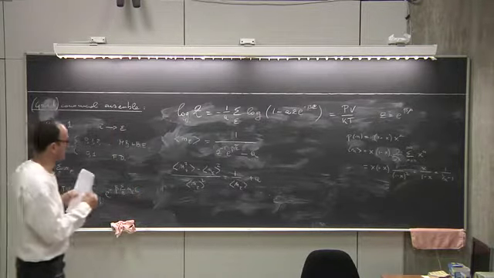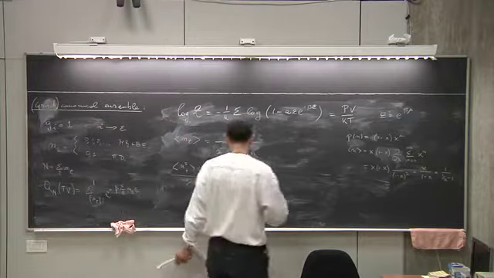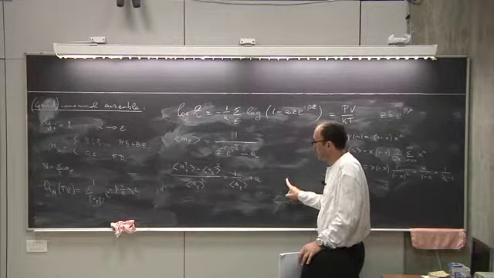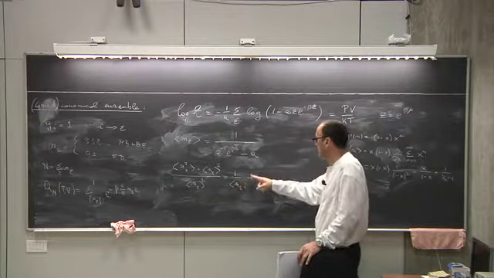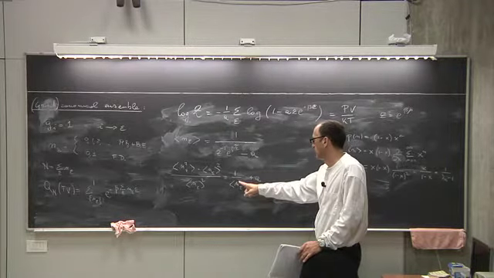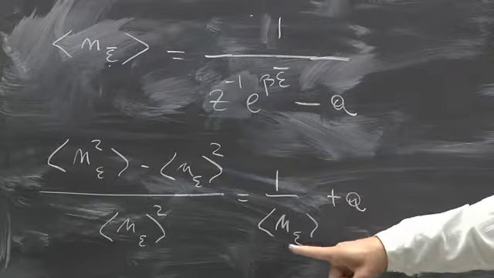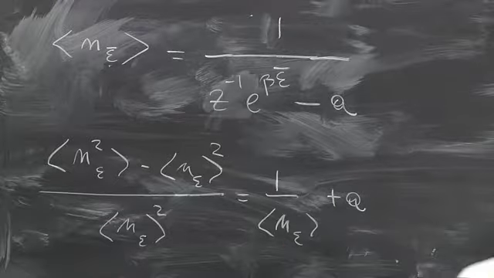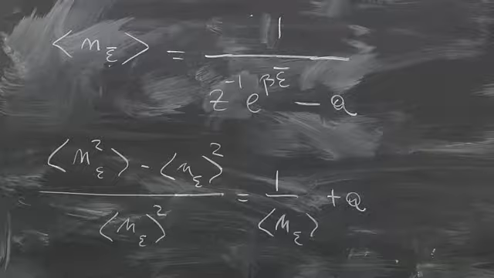And indeed, in the Fermi-Dirac case, you see that the variance is just equal to the average number of particles times 1 minus the average number of particles, which is what you get for a variable which can be either 0 or 1.